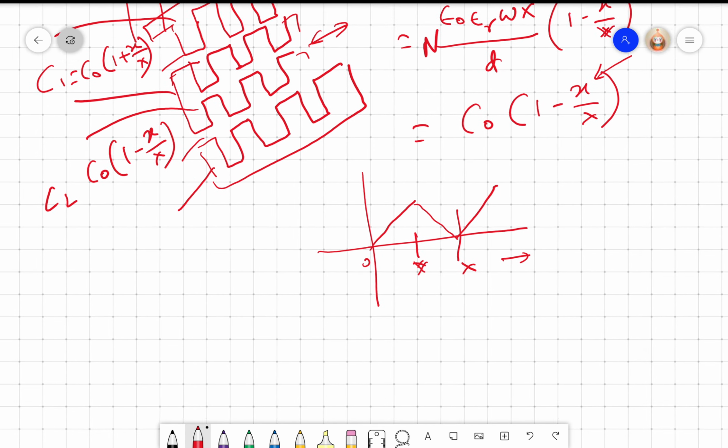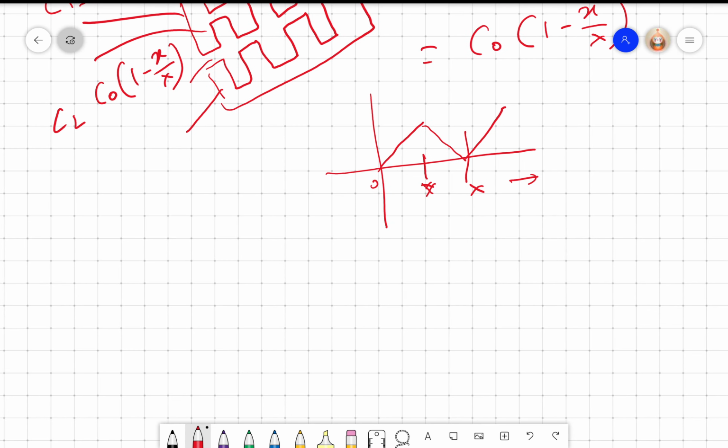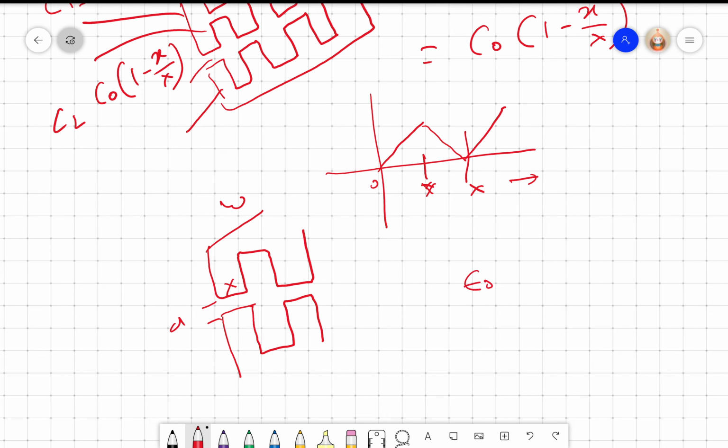Please remember, I have made a lot of assumptions. For example, if I have a tooth like this, of course I get the maximum capacitance. I put this as X, this as W, and this as D, right? And I said capacitance is epsilon naught epsilon r A by d, that is X into W by D. But there would be a capacitance here also, right?